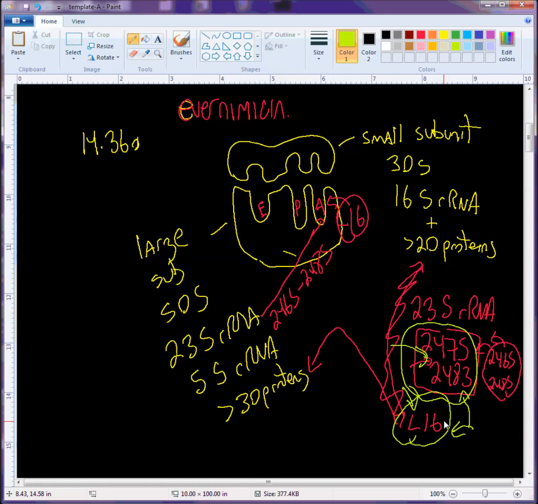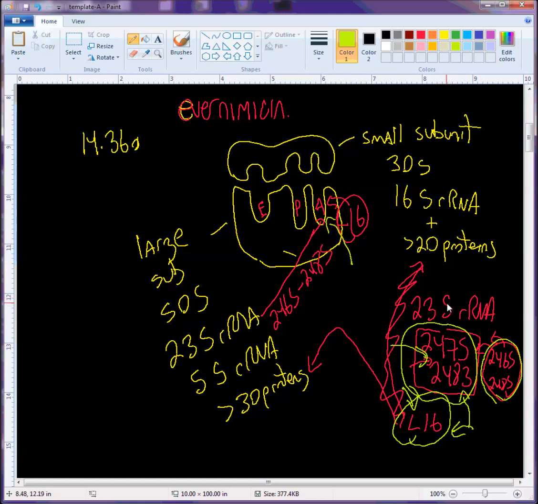So less sensitive is more resistant. It also turns out that scientists already knew that these similar positions were involved with getting that tRNA into the A site here.